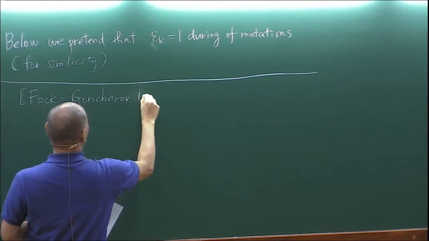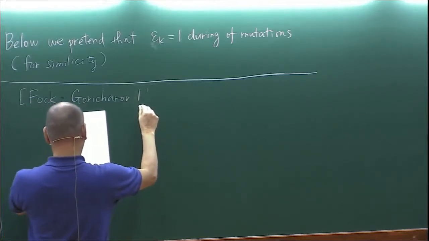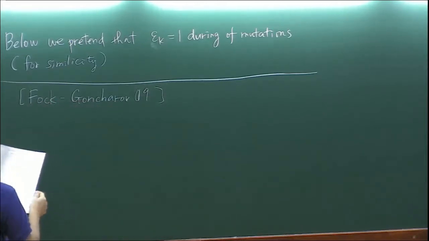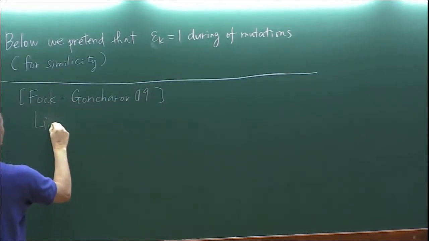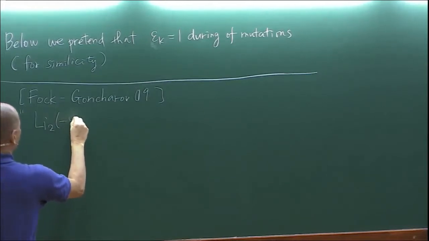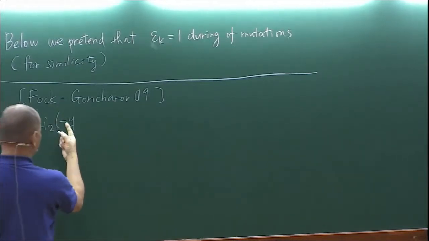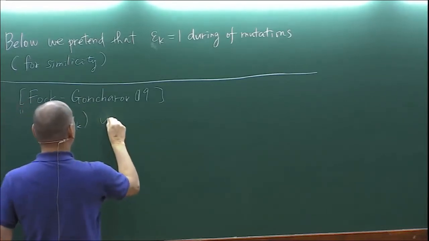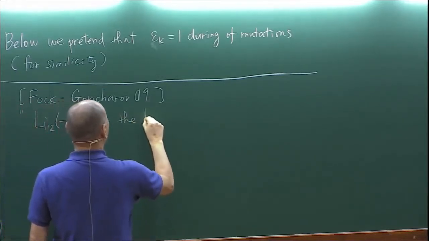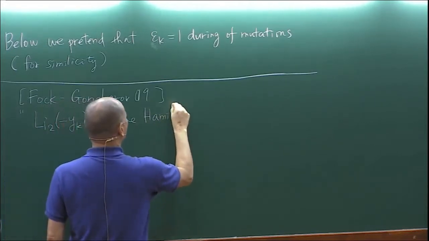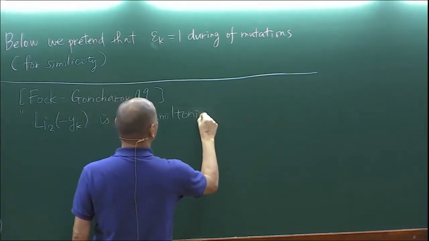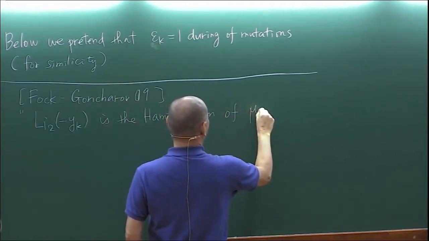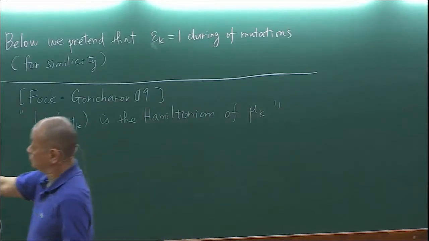In a series of papers, there is just one small sentence which they mention: the Euler dilogarithm with this minus sign, say for k, is the Hamiltonian of mutation. I mean, this formula.